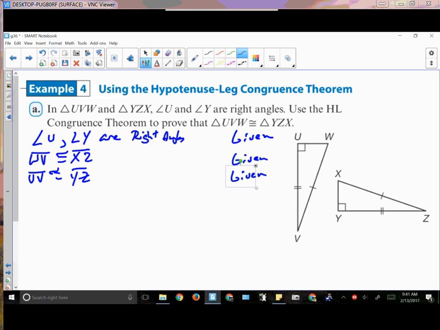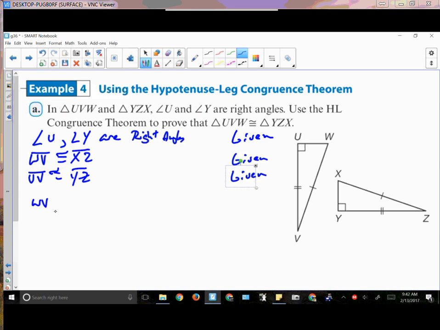Now, I have to use the idea that those angles are right angles because of what I am going to do next. I'm going to abbreviate this so not all the steps are there, but we are going to be able to see this. Because these are right triangles, would this work?